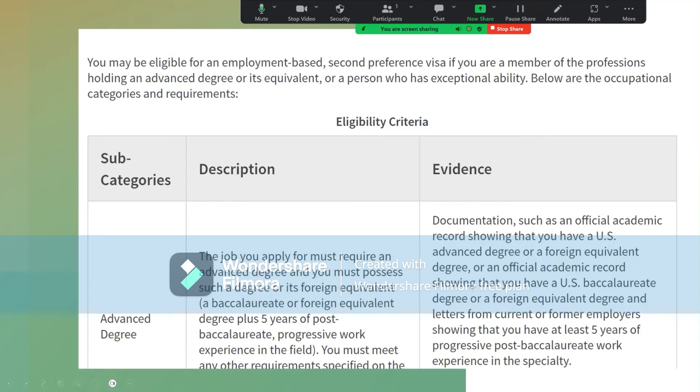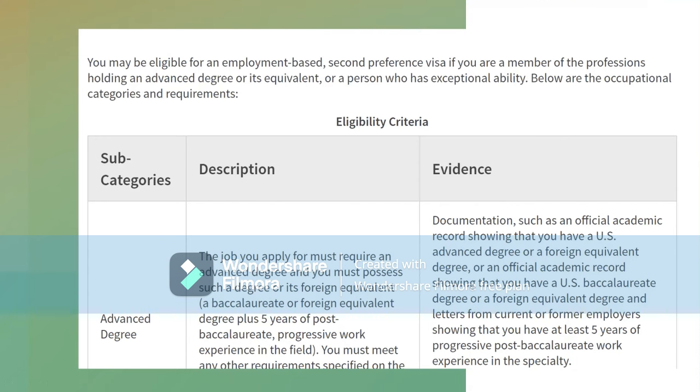So you may be eligible. You will be eligible for an employment-based second preference visa if you are a member of a profession holding an advanced degree or equivalent, or a person with exceptional ability. We are going there. Below are these. Let's look at the advanced degree.